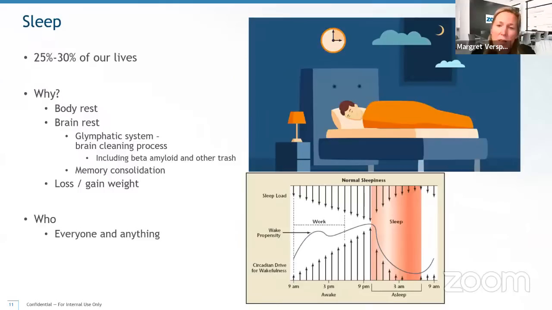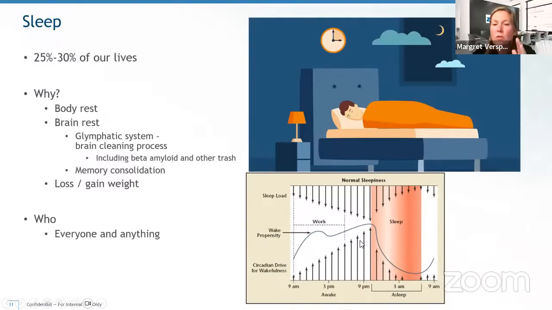Here we can see how we build up the willingness to sleep, the sleep pressure, during the daytime. When you wake up, there is a low sleep load, right? As you go through the daytime and the hours go by, when we are in the evening, we have an increased sleep pressure.